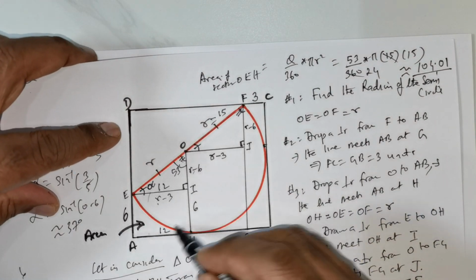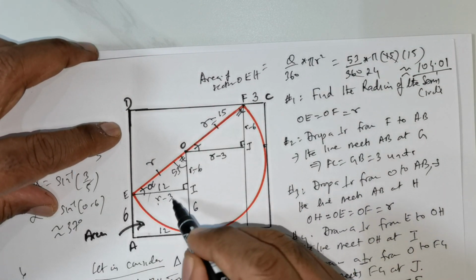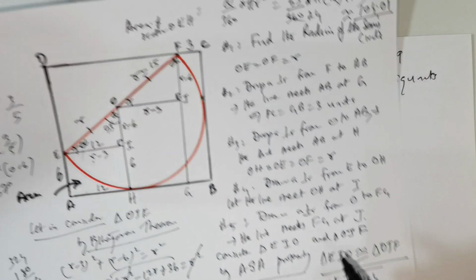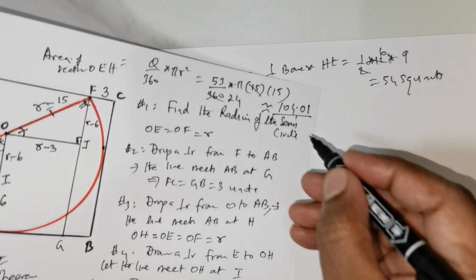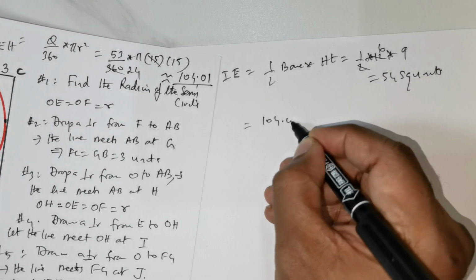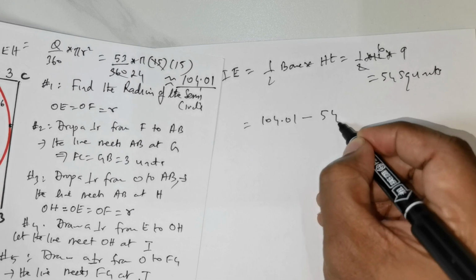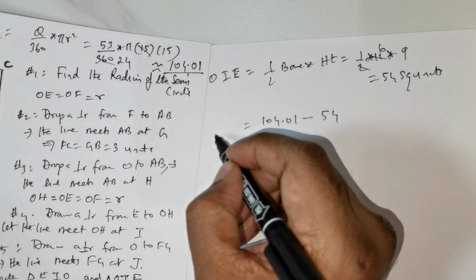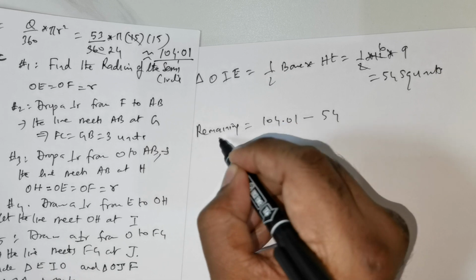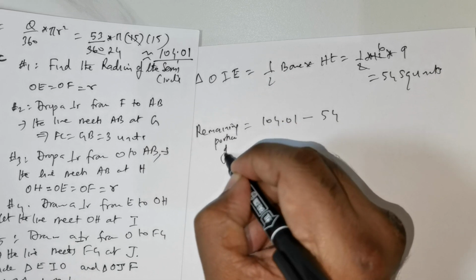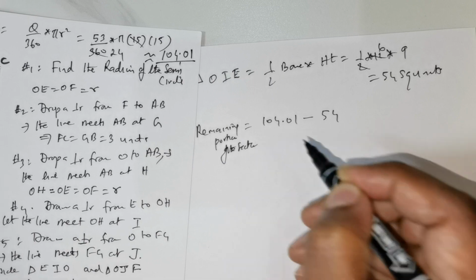So from the sector I will take away this so that I will get this portion. So I'm going to get this portion. So let me find out this. So from 104.01 I subtract 54. This would be the remaining portion of the sector.